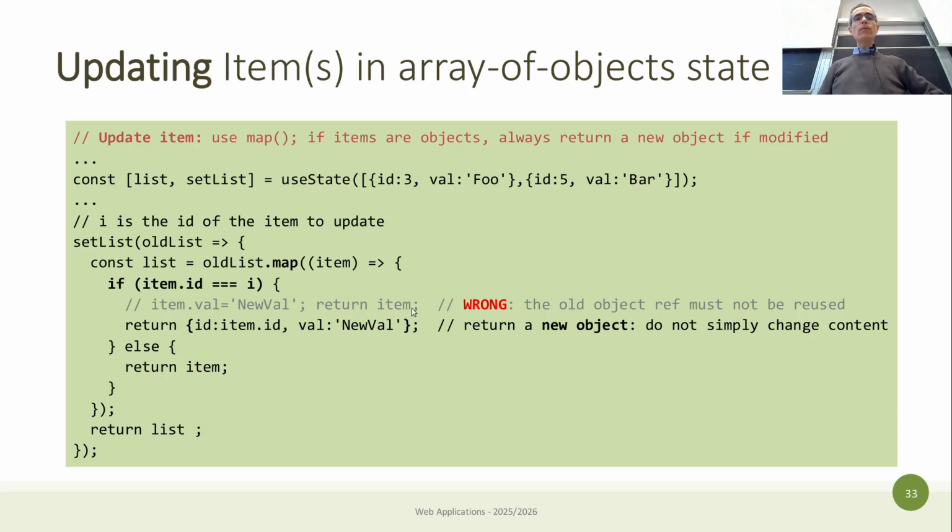Return item. In principle, the data structure is updated, but React is not able to detect that something has changed in the array, because it checks the references inside the array, the reference to the object. And if the reference to the object is the same as before, it thinks it hasn't changed. It is passed as a prop, and it thinks the prop didn't change.